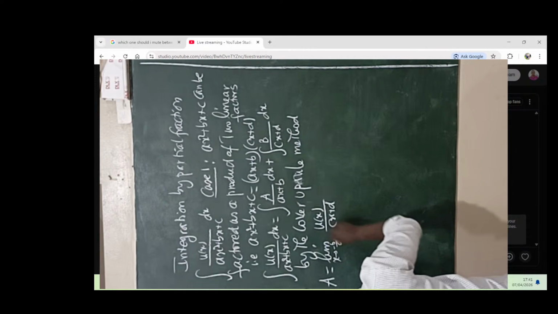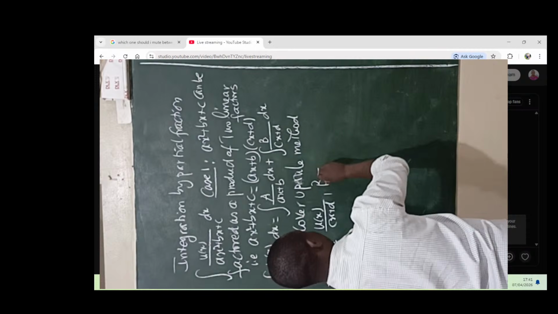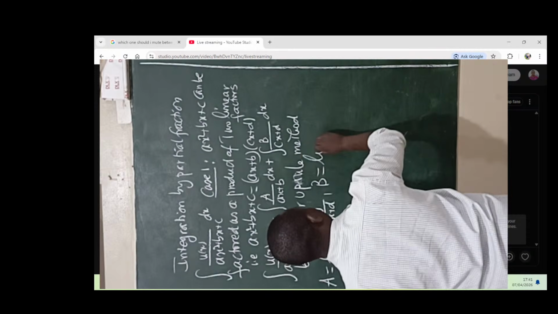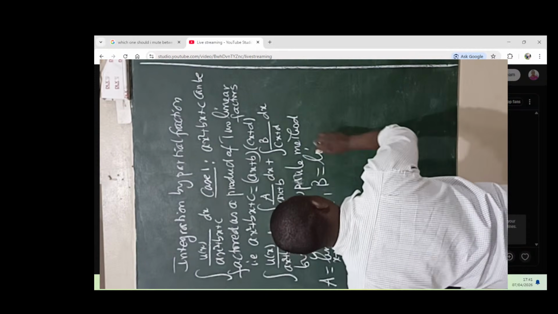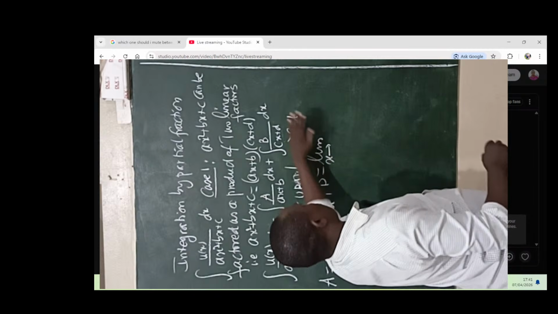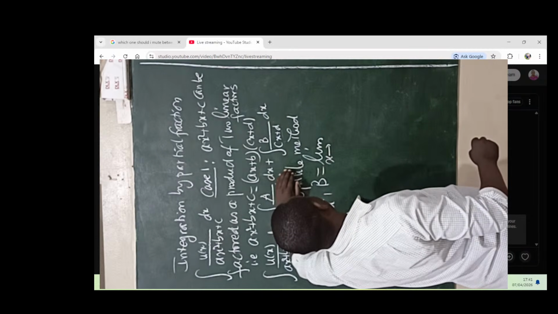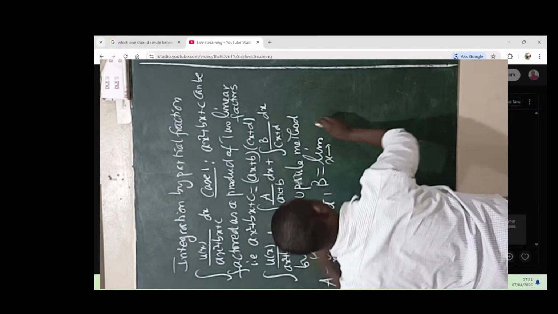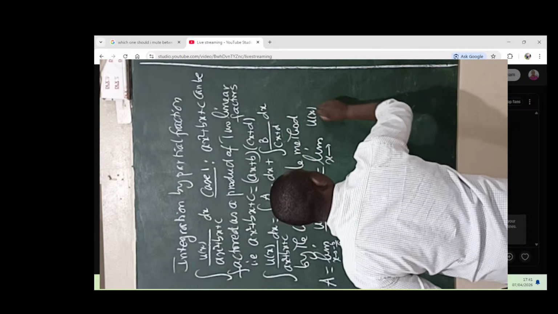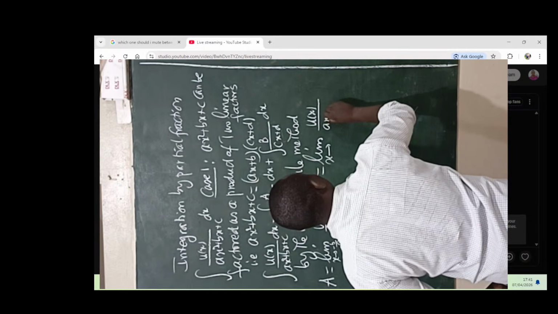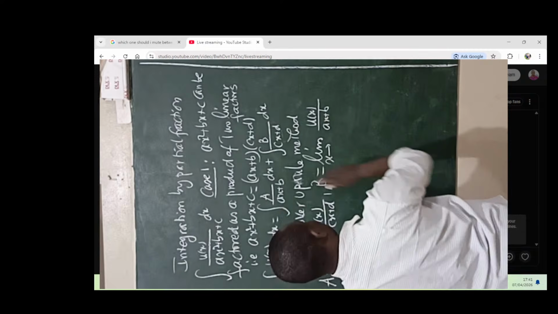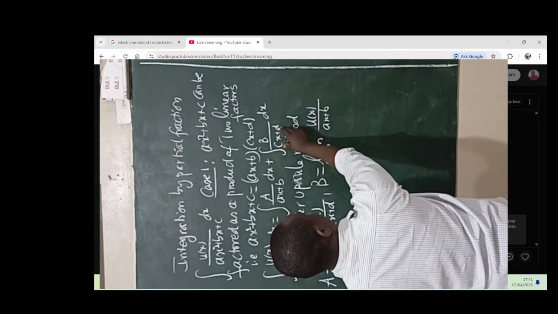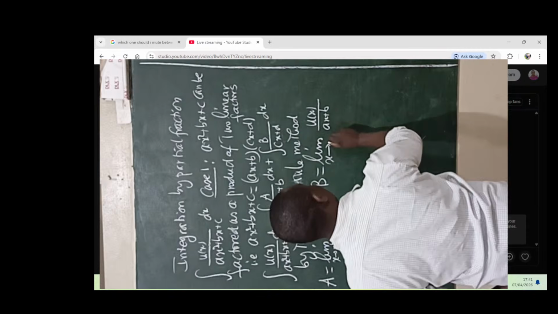And B is got by taking the limit as x approaches. We hide this and consider this with this here. Here is u of x by ax plus b, and here this goes to 0, x approaches minus d by c.